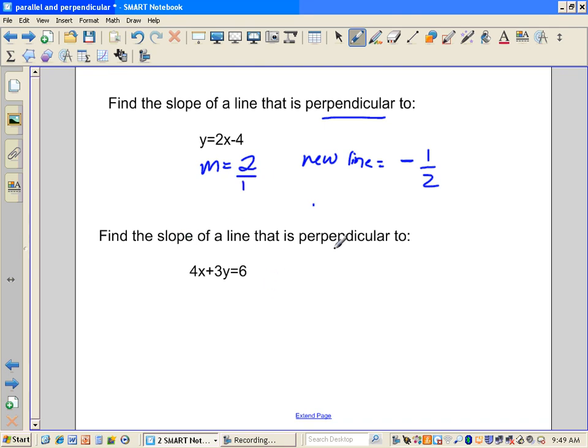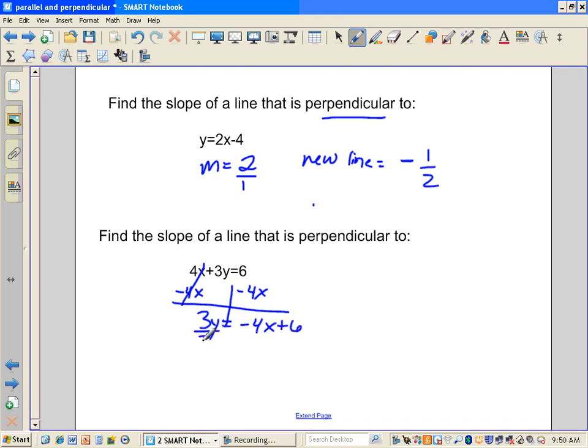This says, find the slope of a line that is perpendicular to 4x plus 3y equals 6. Well, this is in standard form, so before we can use it, we need to put it into slope-intercept form. This should be a quick review for Math 1. We're going to have to subtract 4x from both sides of the equal sign. So we have 3y is equal to negative 4x plus 6.